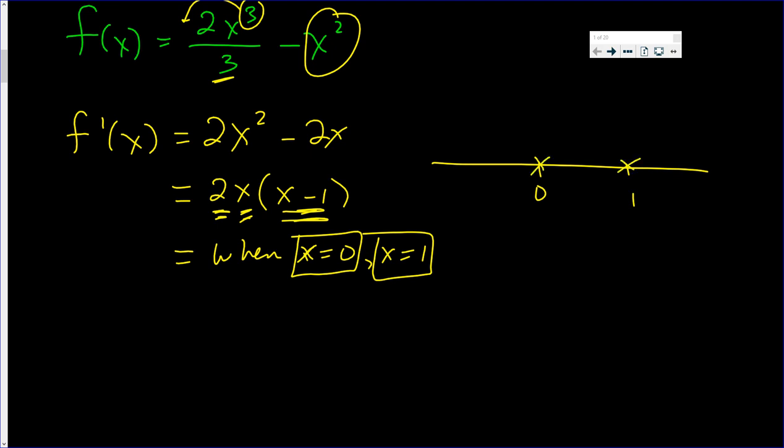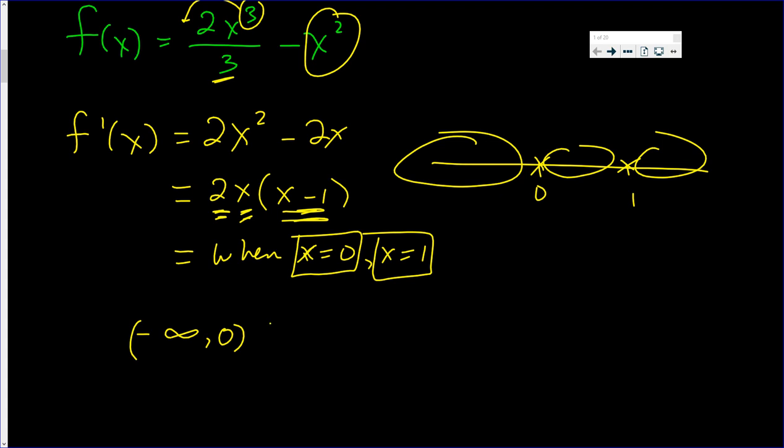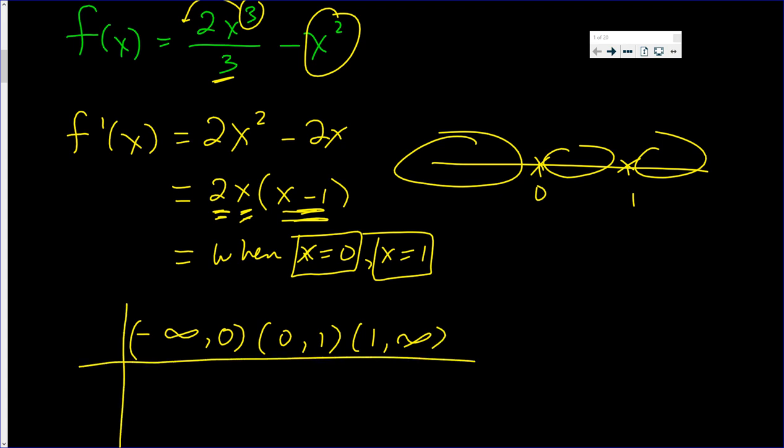So you have 3 intervals: less than 0, between 0 and 1, and bigger than 1. We'll look at negative infinity to 0, 0 to 1, and 1 to infinity. We want to know if the first derivative is positive or negative. Well, the first derivative is made up of 3 factors.